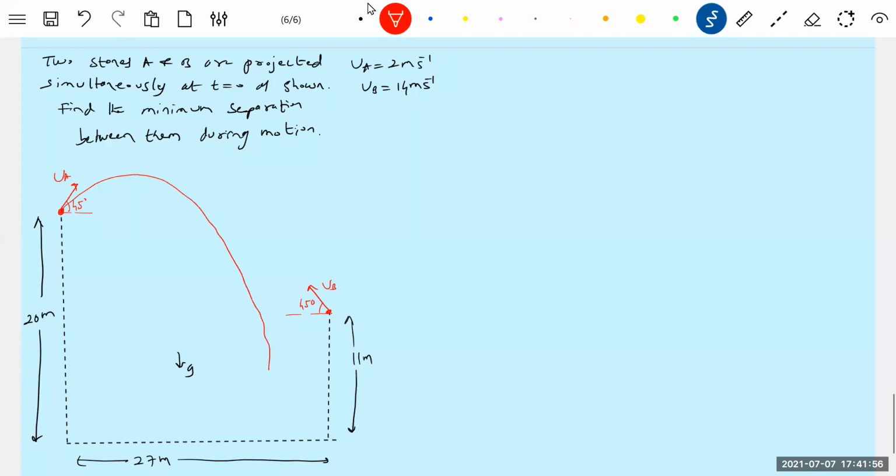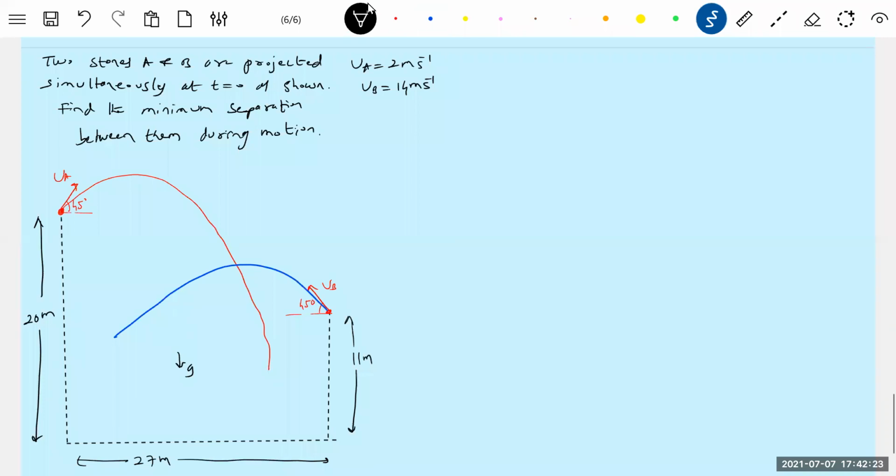It'll be like this, then this other stone will move here. Then I want the minimum separation and the instant of time. All these things are needed. How stone 1 will move with respect to stone 2, we'll see now.